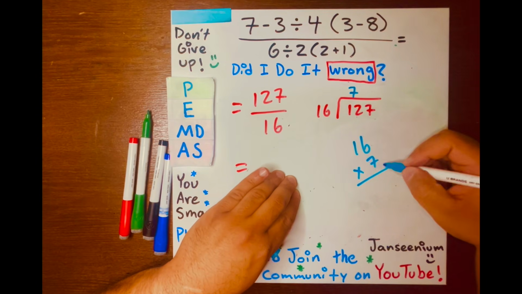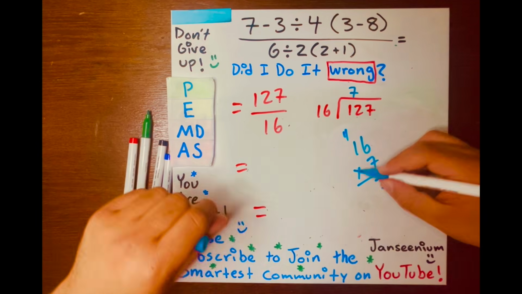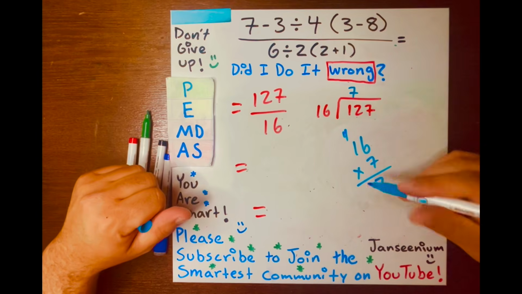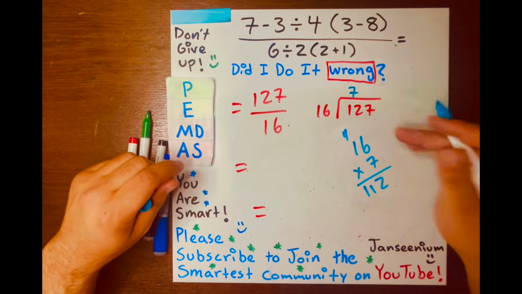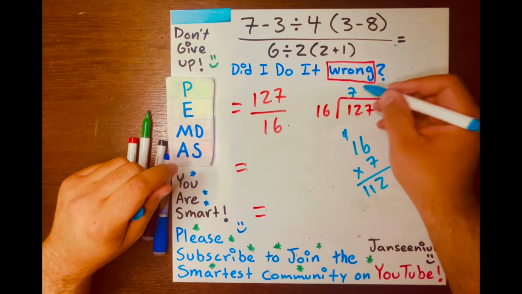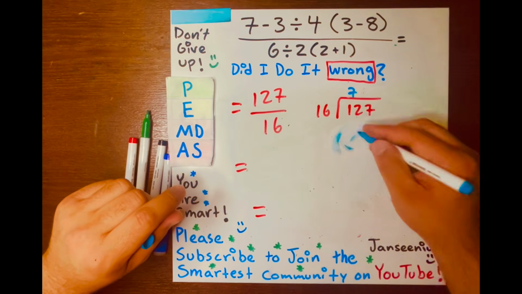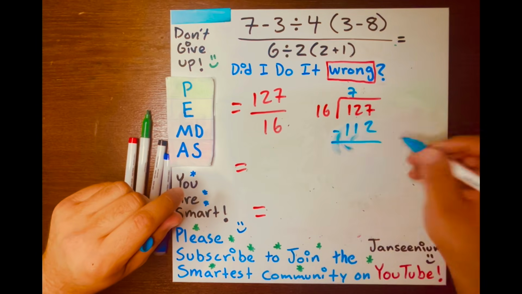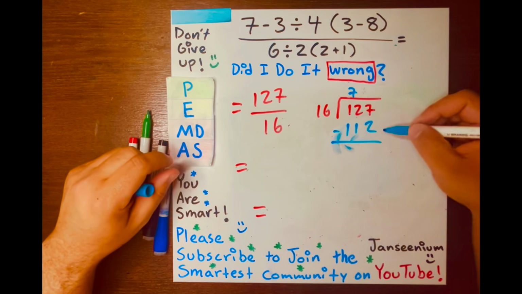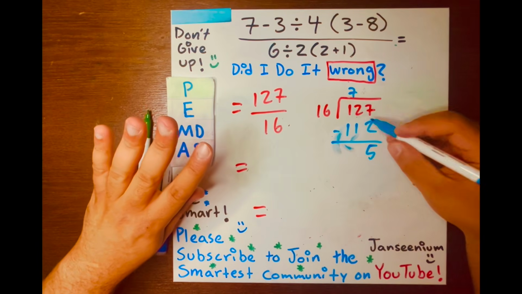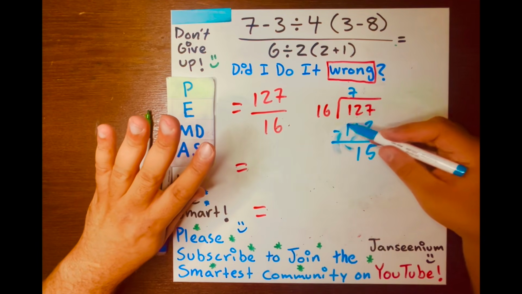So that's 6 times 7 is 42. 7 times 1 is 7 plus 4. So 7, 8, 9, 10, 11. That's 112. So 112, and then you subtract 7 minus 2, so 7 take away 2 is 5, 2 minus 1 is 1, and 1 minus 1 is 0.